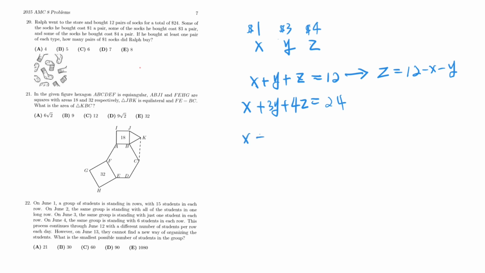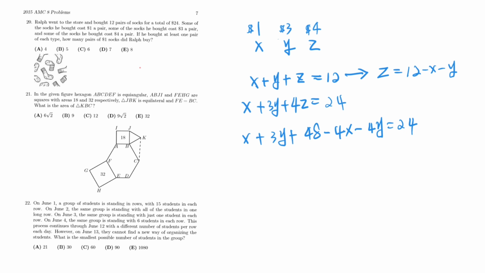That will be X plus 3Y plus 48 minus 4X minus 4Y equals 24.